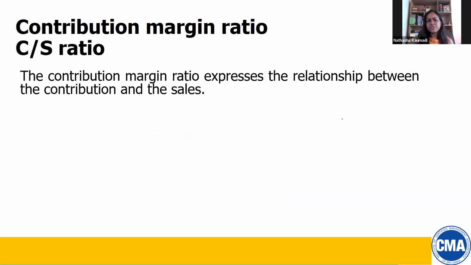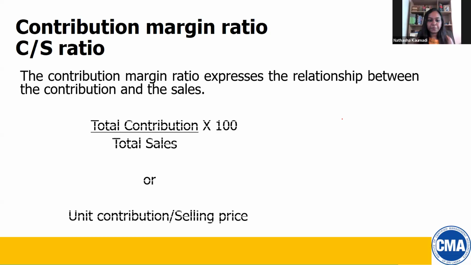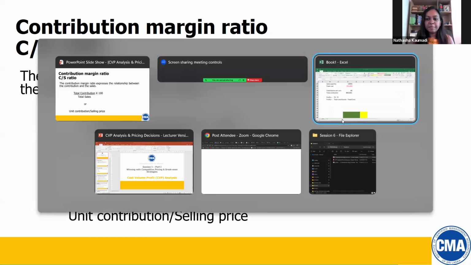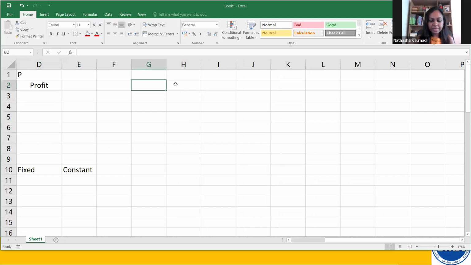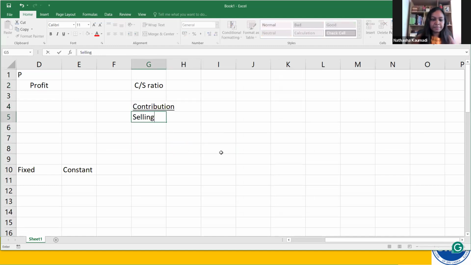Another one, the CS ratio. You call it contribution margin ratio, CS ratio. What is CS ratio? C stands for contribution divided by S, which stands for selling price.